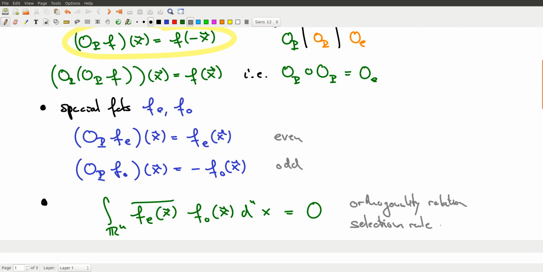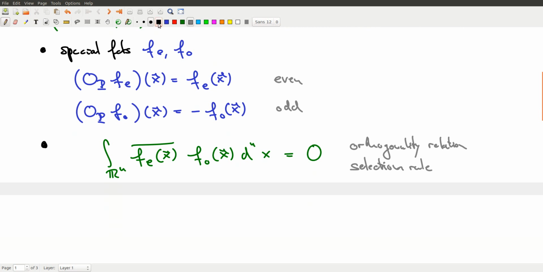Of course, here in this example, this is just making really elementary things look difficult by introducing lots of notation. Nothing happened so far, but the nice thing is that this will generalize. If we go to other groups, not just a group of two elements, we will have functions that behave in a special way, and there will be orthogonality relations between functions that behave in different special ways. That's something we will see later.